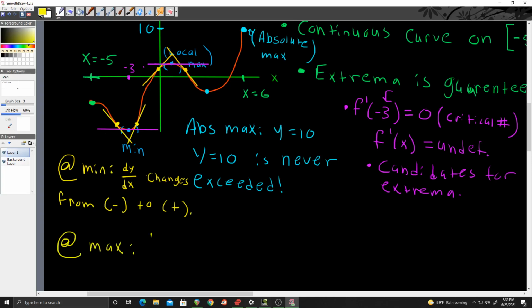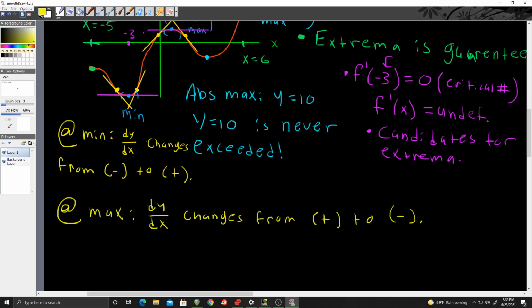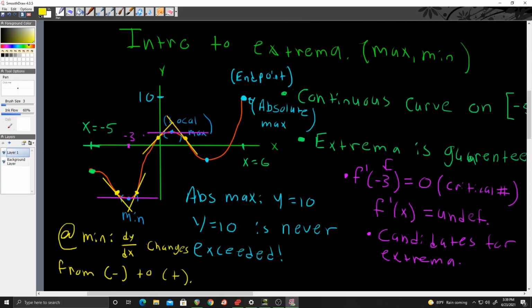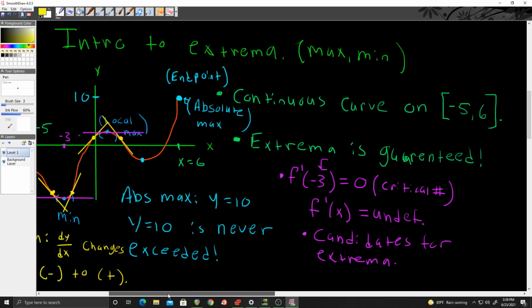Well, one, the derivative changes from positive to negative. And we also have that the derivative at the x value has to be either 0 or undefined. Once again, we're going to cover the undefined case in a separate video. But there we go. This is it, really, for the most part, aside from the undefined thing.